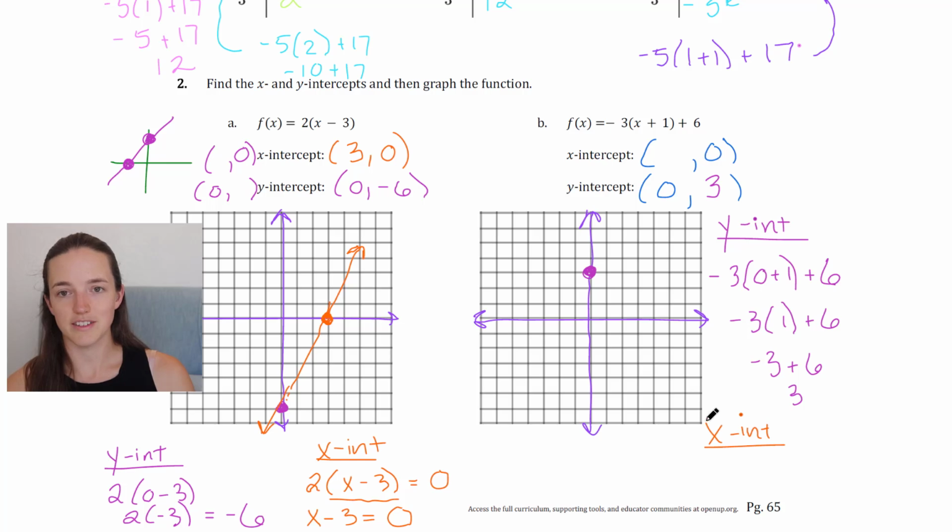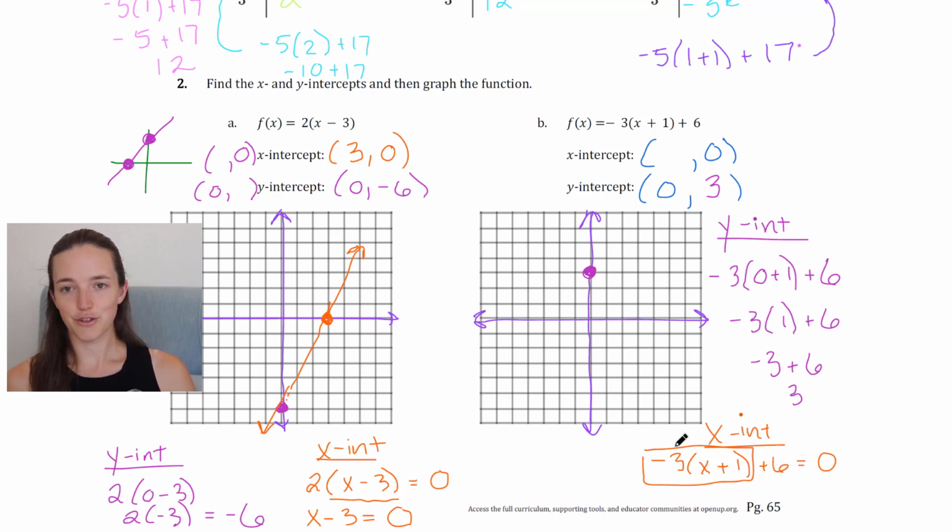X-intercept is where y is 0, so I need this to all equal 0. This part right here basically needs to be negative 6, so that when I add 6 to it, I get 0. So if I need this to be negative 6, negative 3 times this stuff, I need this stuff to be positive 2.